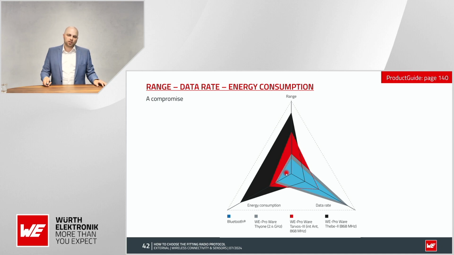Compared to that, the red triangle is 868 megahertz or 915 megahertz, quite the same, sub-gigahertz proprietary communication. There you have a much higher range, a bit higher energy consumption, but also a lower data rate, because of the narrow bandwidth you can use here. So this is also something you have to keep in mind. It depends on the questions in the beginning: which range, which data rates, and which energy you have. This is always a compromise in the end.